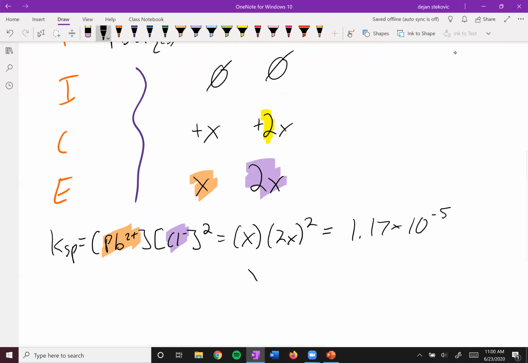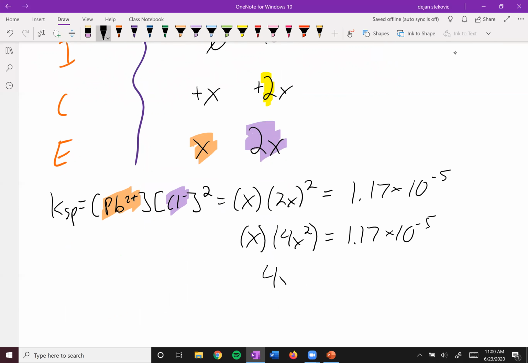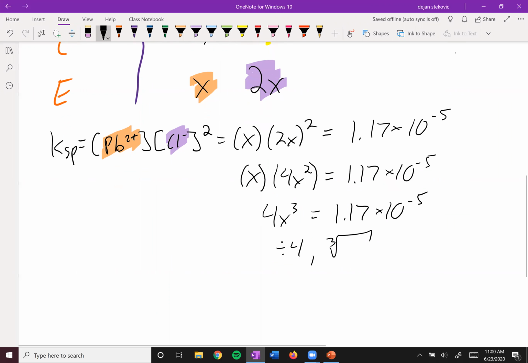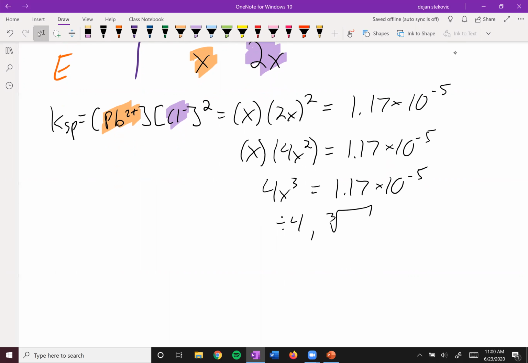So x still here, 2x squared goes to 4x squared, and then x times 4x squared is 4x cubed. And then we're going to divide by 4 and then take the cube root, or raise it up to the 1/3 power, to solve for our x, 1.43 times 10 to the negative 3 molar.